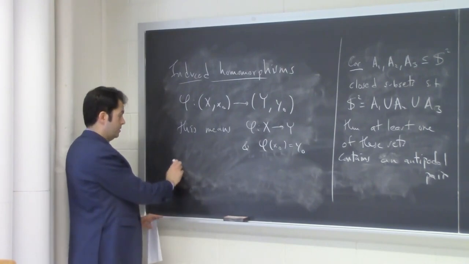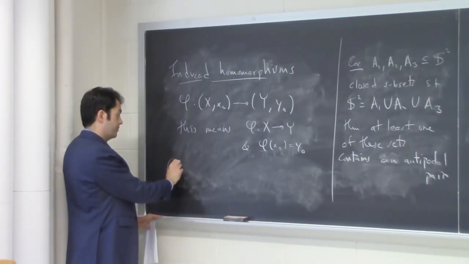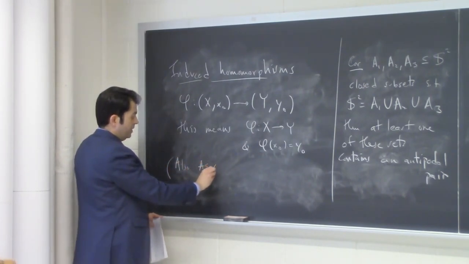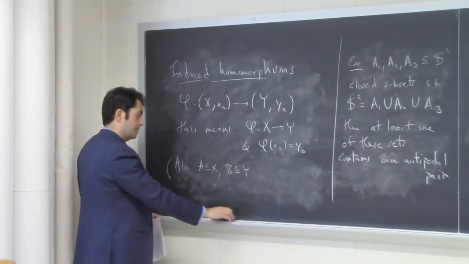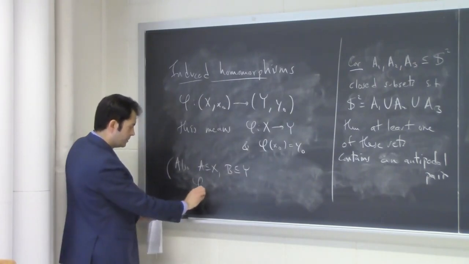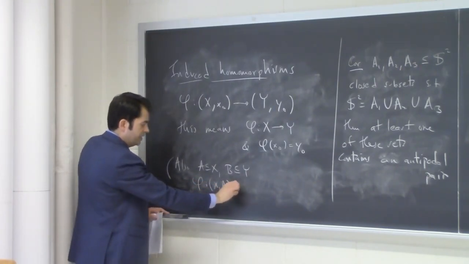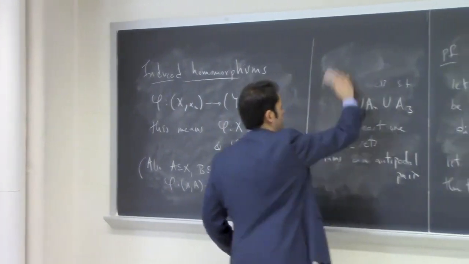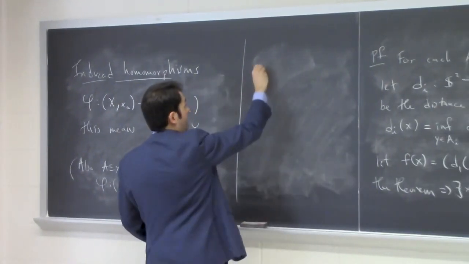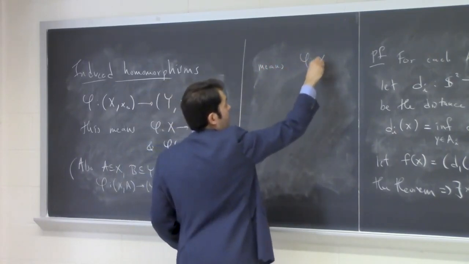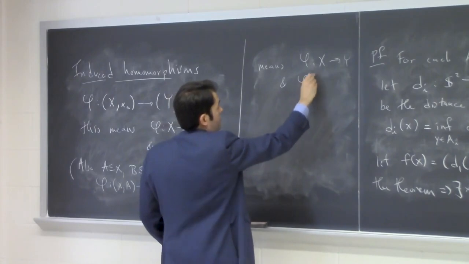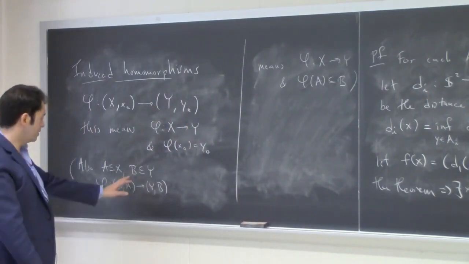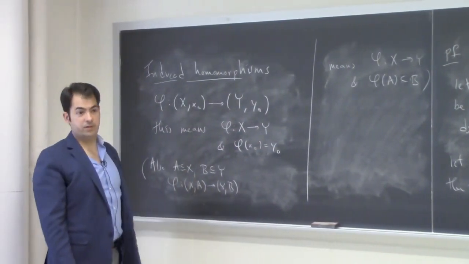More generally, if you have a subset A of X and a subset B of Y, then phi mapping the pair (X, A) to (Y, B) means that you have a map from X to Y, and phi of A lands inside B. It's just convenient to include that in the notation when you're writing phi.